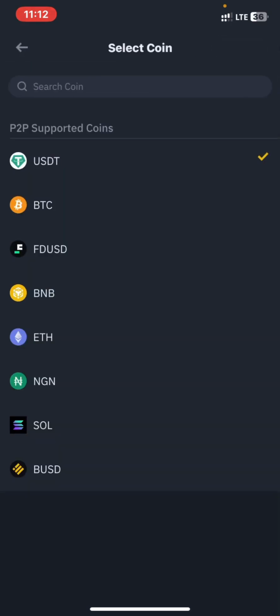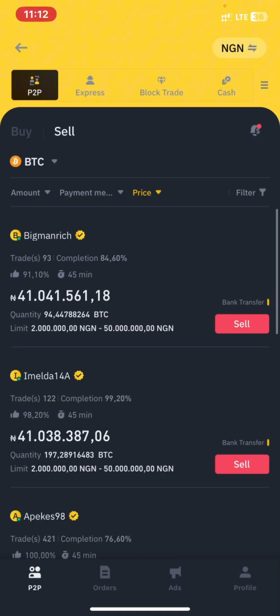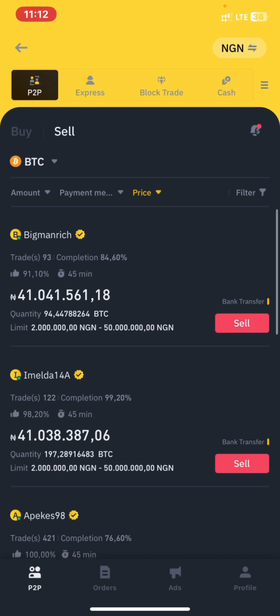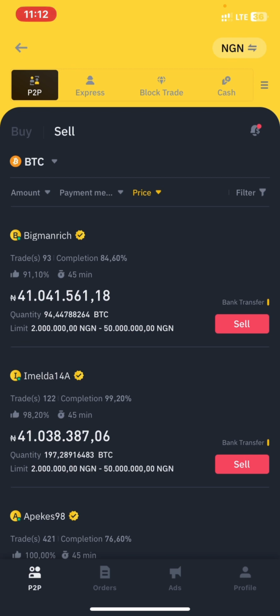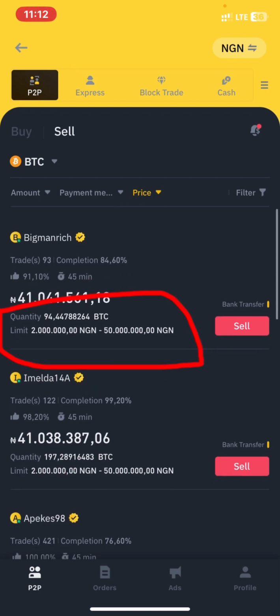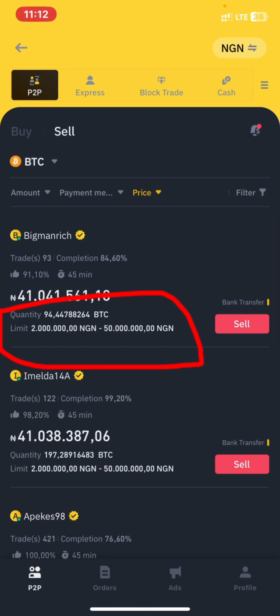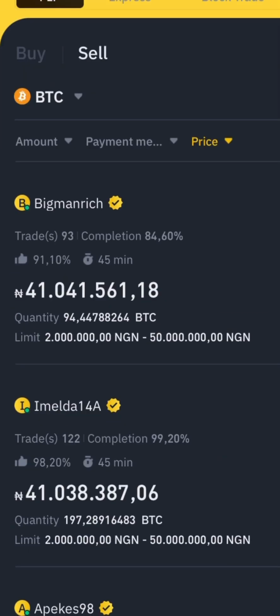because you'll be selling your asset to people who want to buy from you. And this is the catch: if you want to make a significant amount of money, you have to buy a bulk of BTC. So right here, until you'll be able to trade with this first guy over here, you need to have the equivalent of 2 million worth of BTC.